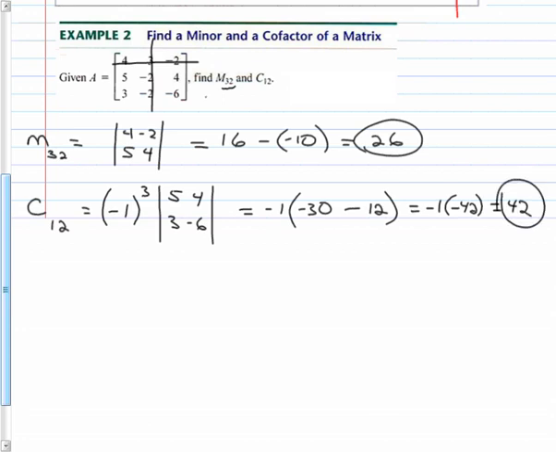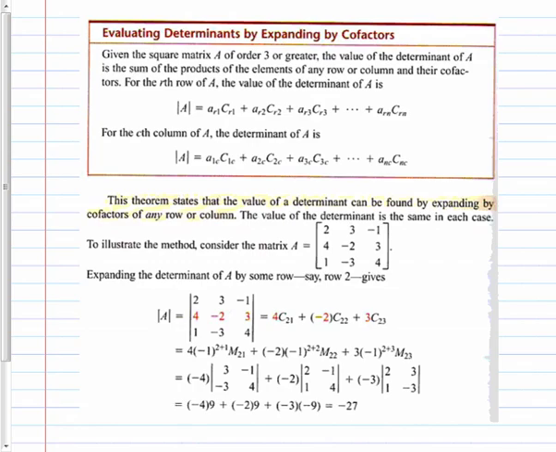All right? Now, the reason we do cofactors, and the minor is just to learn how we can do a cofactor, because a minor is part of a cofactor. The reason we do cofactors is when we get larger than a 2 by 2 matrix, cofactors are the way to find determinants. So here is the formula to find a determinant.